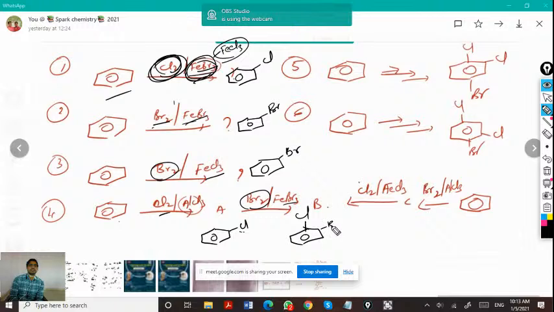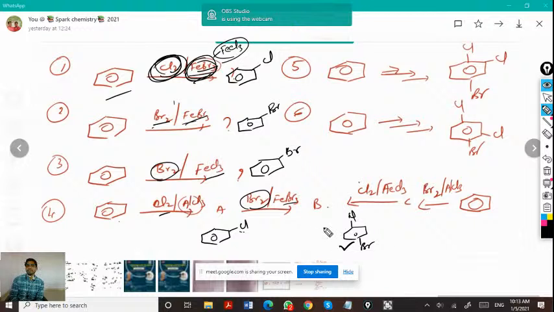It may substitute at the ortho position and at the para position, but the ortho product has repulsion because both have lone pairs which repel. Ortho positions are always sterically crowded, so comparatively para will be the major product. So the final outcome will be para chlorobromobenzene.